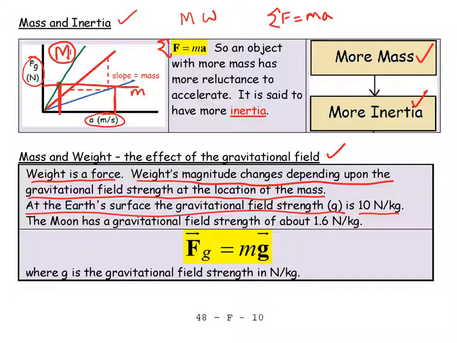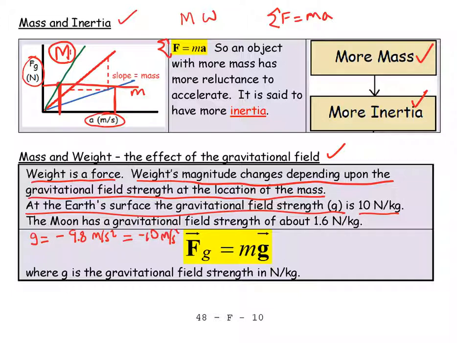This is something that I need to quickly review, and that is often people are told that little g is the acceleration due to gravity, and they're told it's either 9.8 meters per second squared, or if you're like me, you round and you go minus 10 meters per second squared.